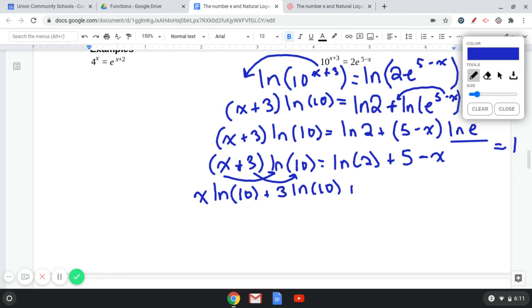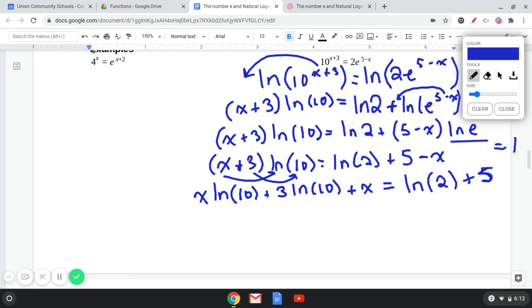And I'm going to add x to both sides, so I'm going to add x over here, and this is just equal to the natural log of 2 plus 5. So all I did from this step to this step was I added x to both sides, and I distributed this x plus 3 times natural log of 10.